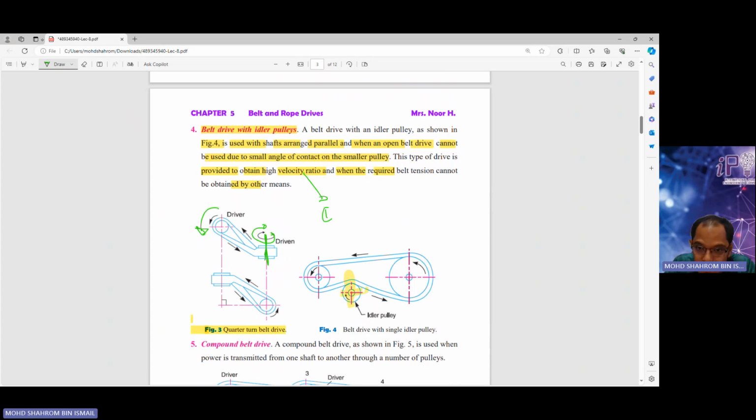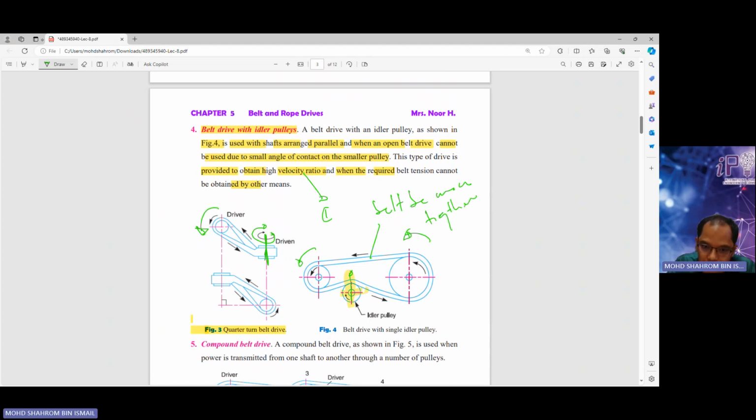Okay, so it rotates anti-clockwise. Of course, it also rotates anti-clockwise, same as the first one. However, you've got the idler pulley here. Just imagine if you put it much higher, and then of course the belt would be tighter.